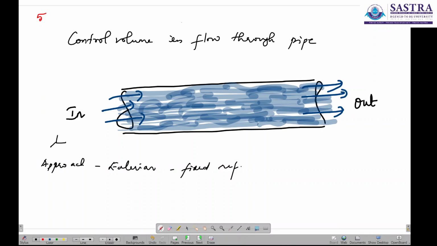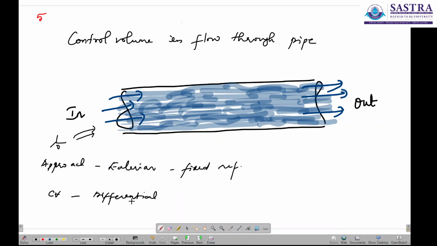Let's say the observer is at this point, and from this point he just sees what happens when the fluid flows through the pipe. Then we are going to consider a differential control volume, and within this differential control volume we are going to describe this flow feature and derive this equation.